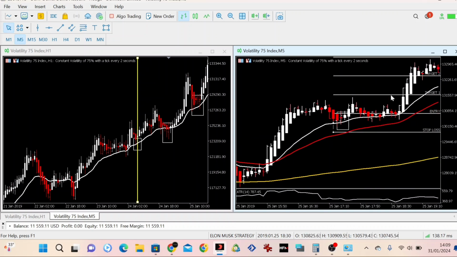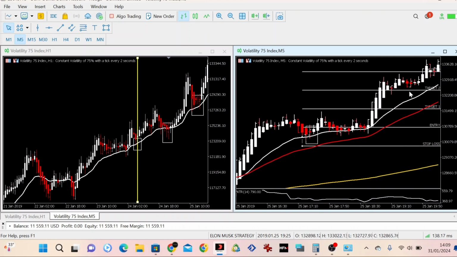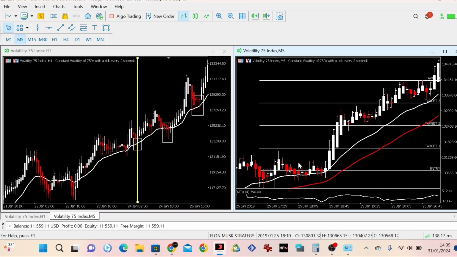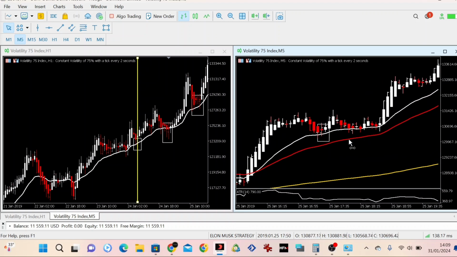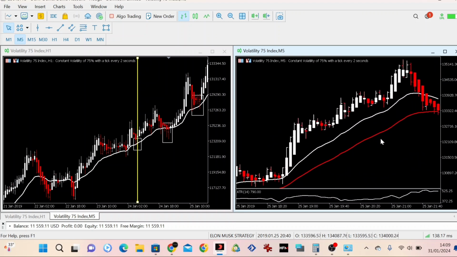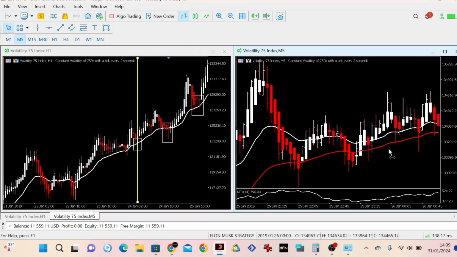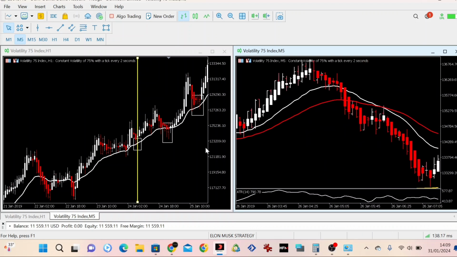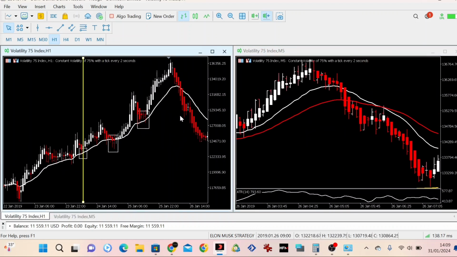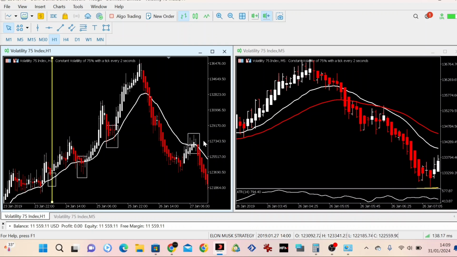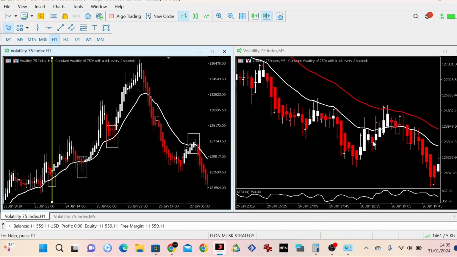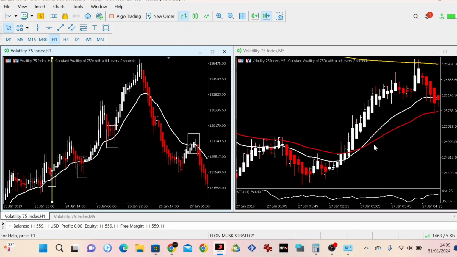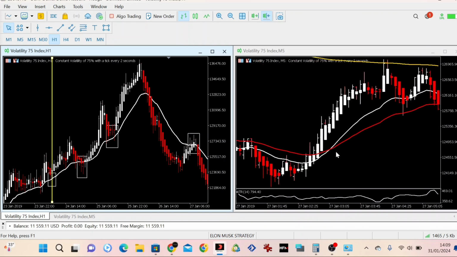At 1 to 1, we take out the first portion, then the second at 3 to 1. If you can trail the stop loss, it's also a good thing, because when you trail, you get to make more. Now the next one again here, I think I'm going to stop there because the video is extending longer than I'm expecting.